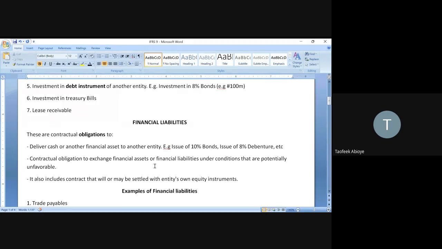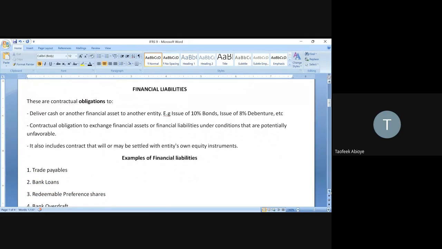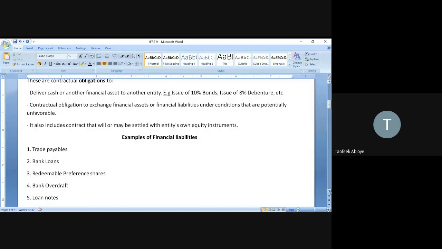You also have an option to exchange that financial liability under conditions that are potentially unfavorable. This is with derivative, we will come to this. It also includes a contract that will or may be settled with the entity's own equity instruments. So these are just the definitions.